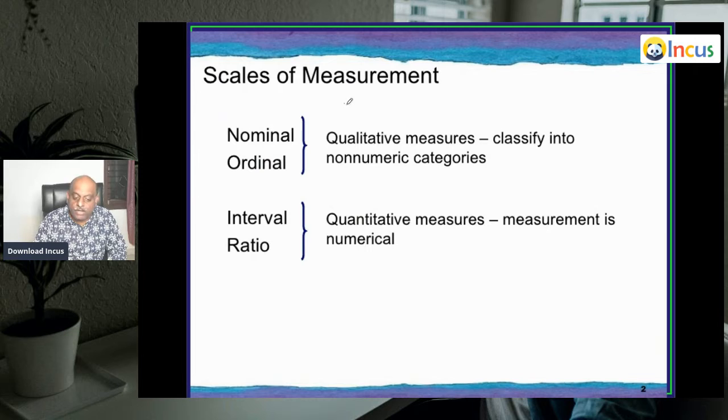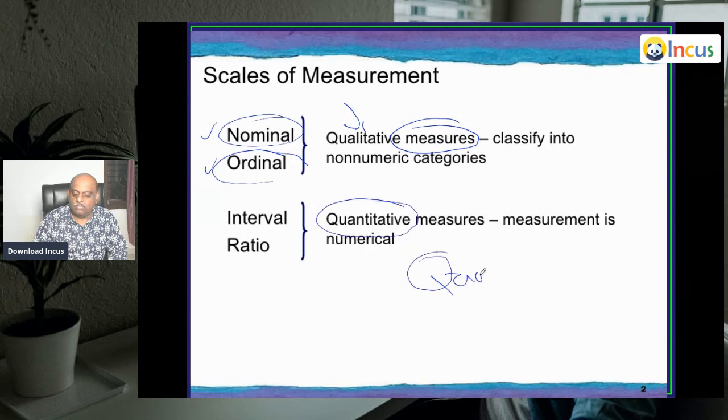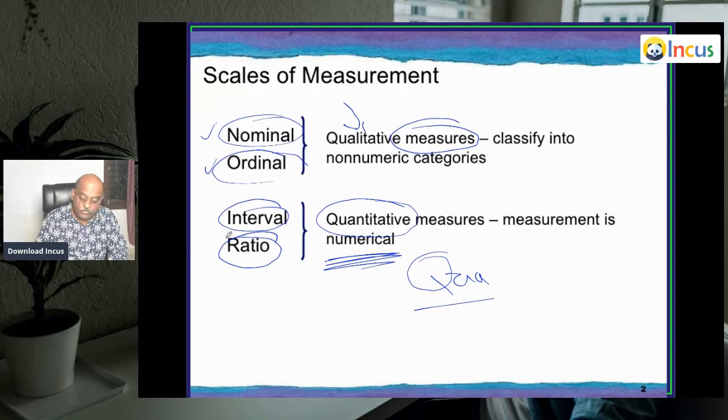Whenever it is a qualitative measurement, it is nominal or ordinal. Quantitative, where measurement is done with numerical values, then it is interval or ratio. Ratio scale is what you need to remember.